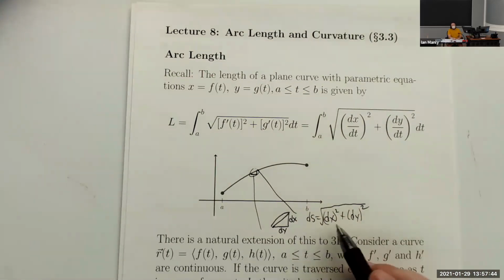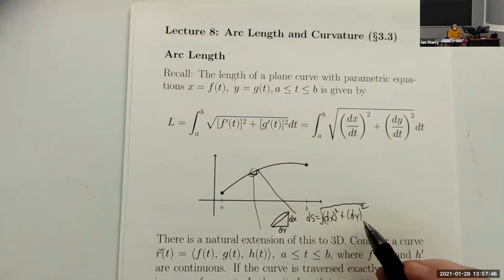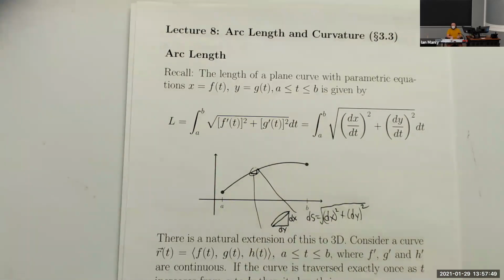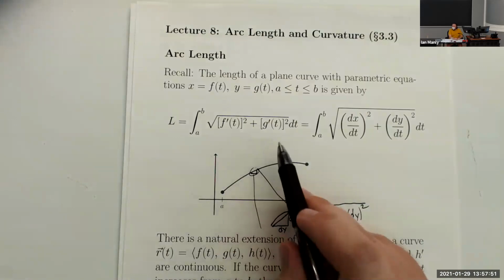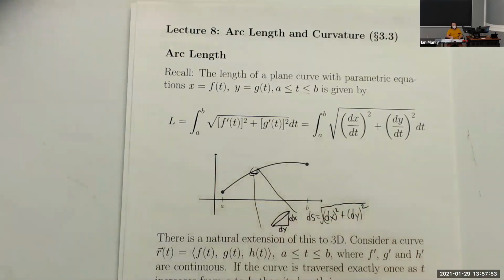And then we effectively divide both sides of this by dt, and we add all of them together, or we integrate them. So that's where this formula ends up coming from. It's effectively an application of the Pythagorean theorem.